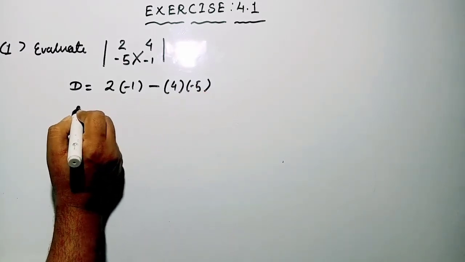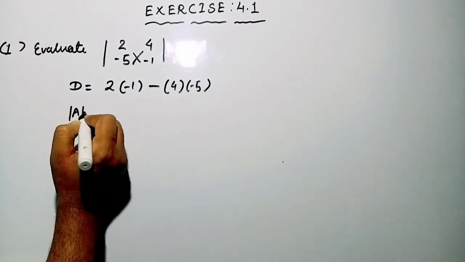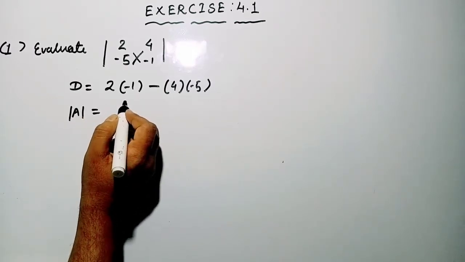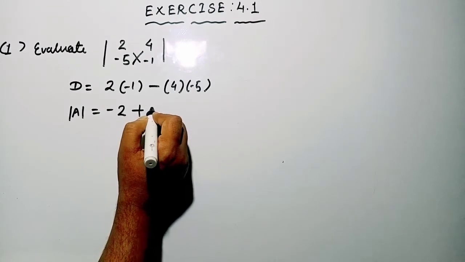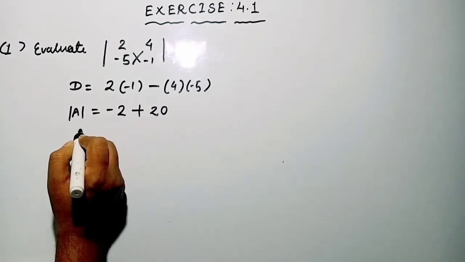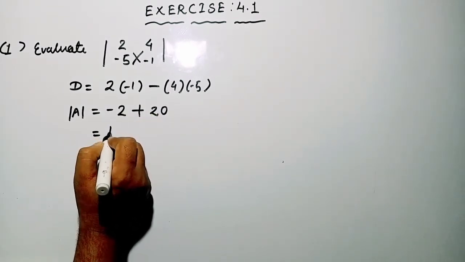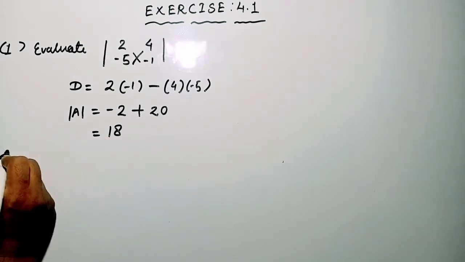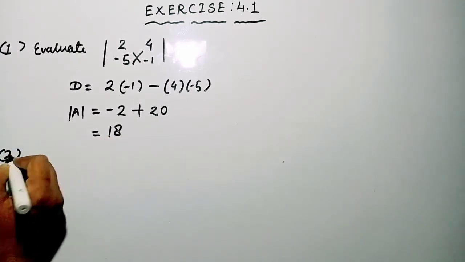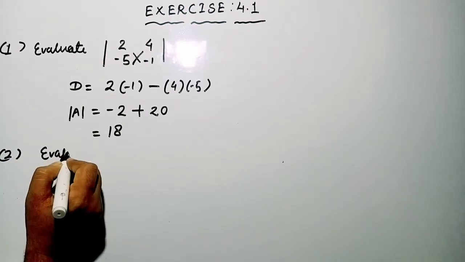Suppose this is matrix A, so determinant value will be D. So minus 2 and minus 4 into minus 5 is plus 20. So we are getting plus 18, because minus 2 plus 20 is 18.